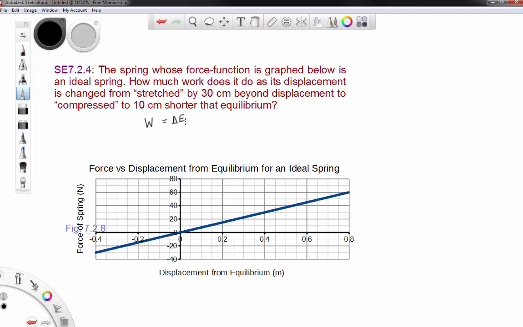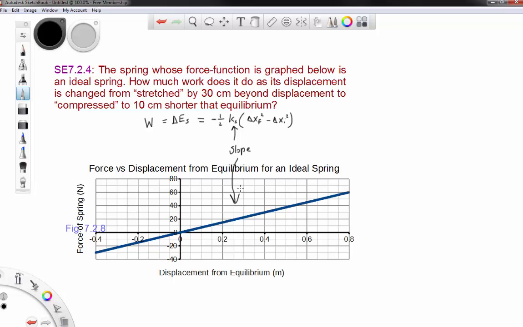Notice that that is going to look like 1/2 times Ks times delta x final squared minus delta x initial squared. You can throw in a negative sign here if you'd like. The thing is that you'd have to get a value for Ks, and that is the slope of this line. So you could do that. There is enough data here to do that.